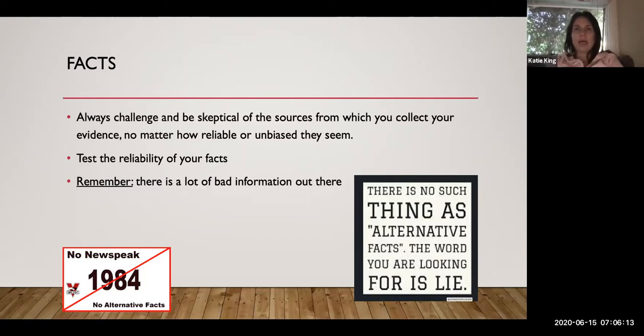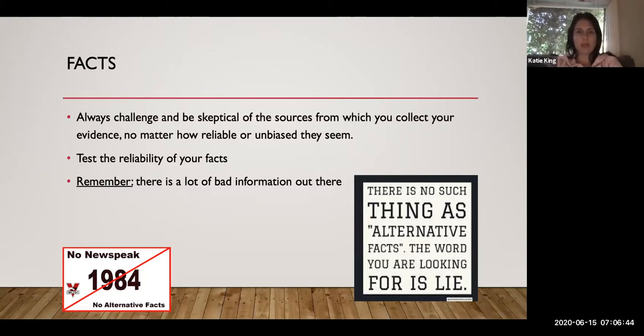The academic setting isn't any different, except the stakes are higher. People will forgive you on social media if you share a fake story about Florida man. But if you do that in a classroom setting with someone who has been doing this for a very long time, they're not going to be as kind to you, especially if it's a class about developing argument. So choose your facts wisely and always be skeptical of the information.